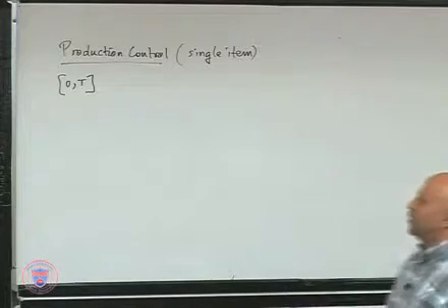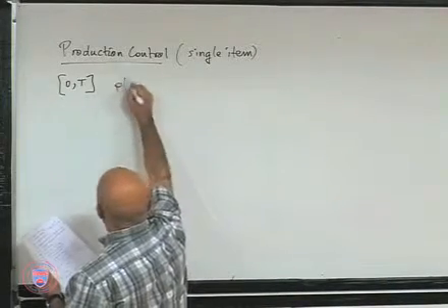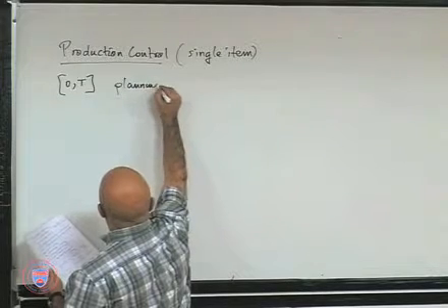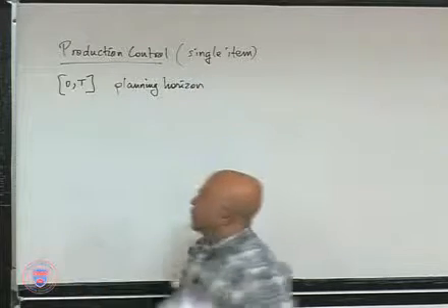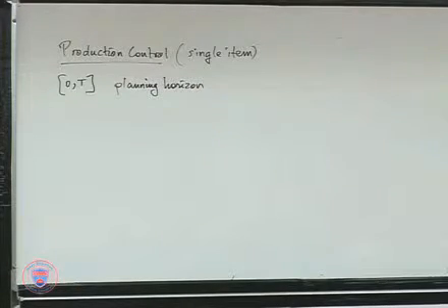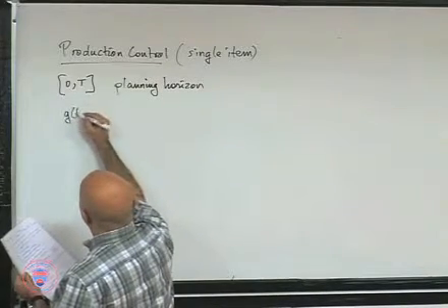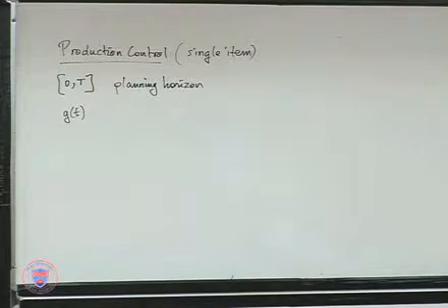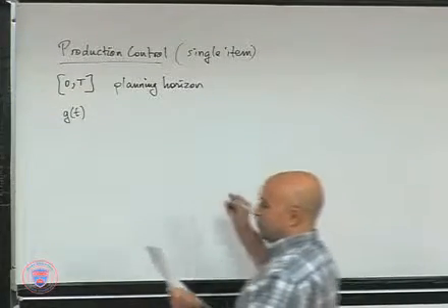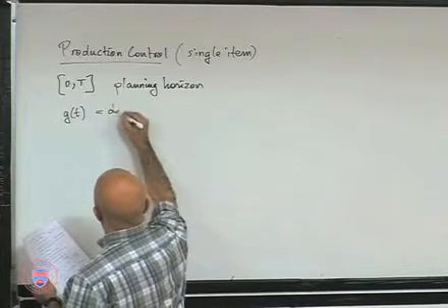Suppose we have a planning horizon of 0 to T. And let's take this in continuous time, not in discrete time. You have a function g as a function of time, small t. This is the demand rate at time t for the product under consideration.